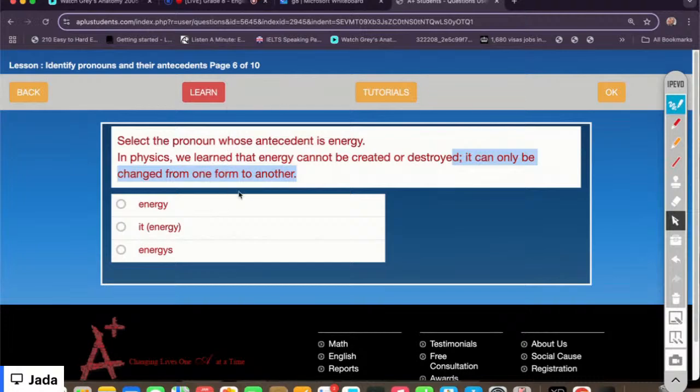It can only be changed from one form to another. So, which one? So it.